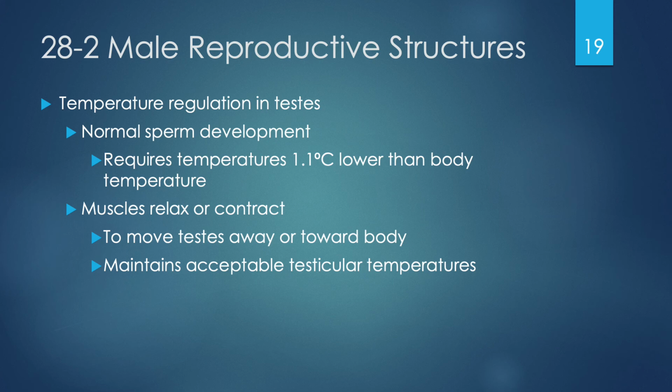So the muscles that we have, including the cremaster and the dartos, are there to either relax or contract, to move the testis away from the body, to cool down, or towards the body if cold. And it is specifically these muscles, mostly the cremaster, which is responsible for maintaining temperatures of the testes that are acceptable and amenable to sperm development.